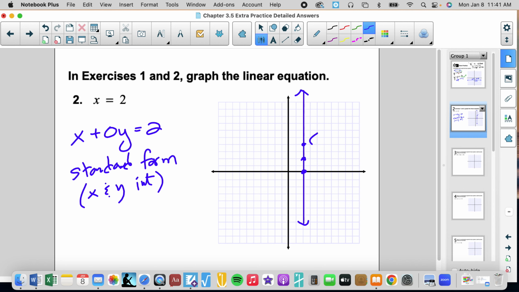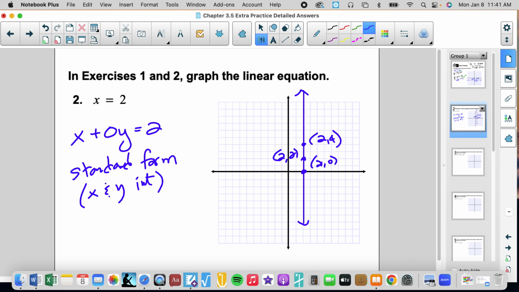Because if we look at those coordinates, that is 2, 0. This is 2, 2. And this is 2, 4. So notice each of my x values is always going to be 2, no matter what my y value.